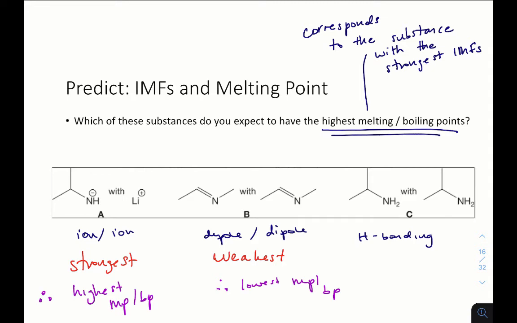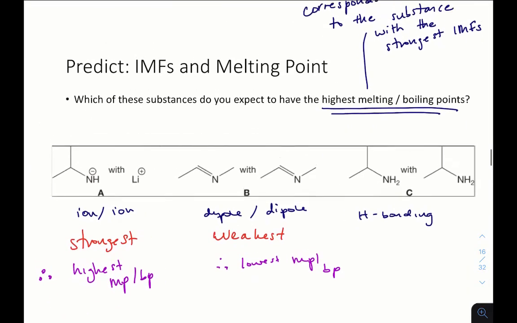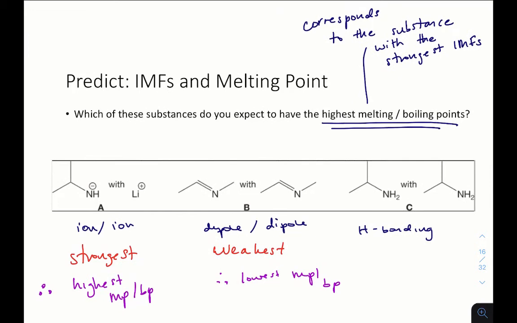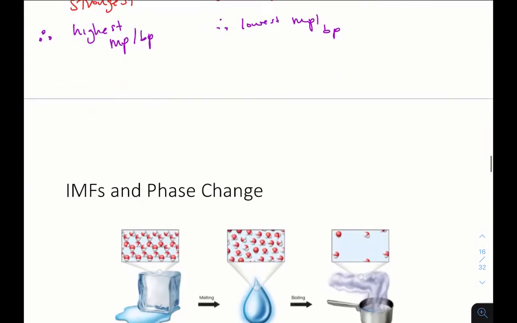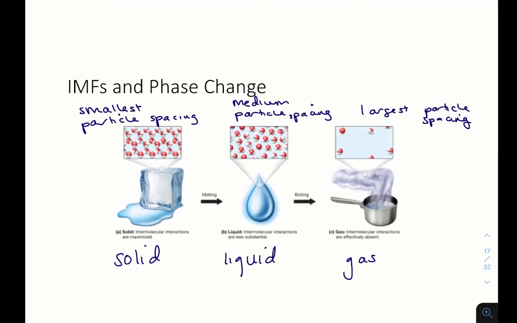Now, as promised, let's talk about how and why phase change relates to the strength of intermolecular forces of attraction between the molecules of a substance. Recall the microscopic differences between the phases of matter.